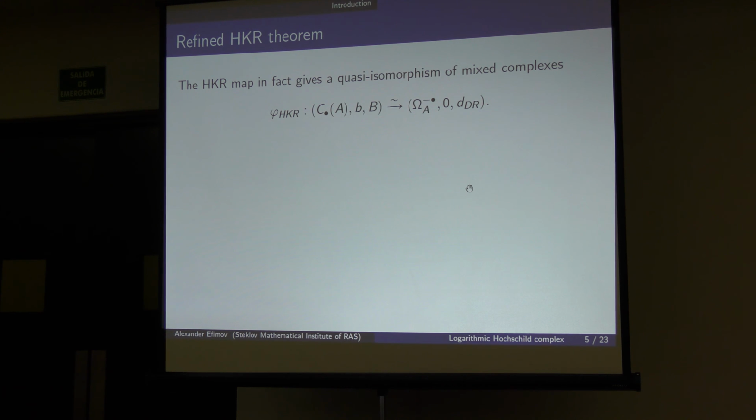So we put n-forms in degree -n, define what corresponds to the Hochschild differential as just 0, and what corresponds to the Connes differential is just the de Rham differential. And the Hochschild-Kostant-Rosenberg map is compatible with both of the differentials, and we already mentioned that it is a quasi-isomorphism.